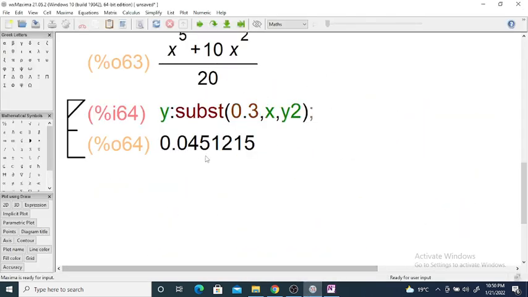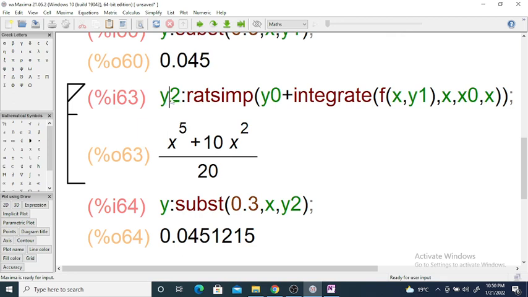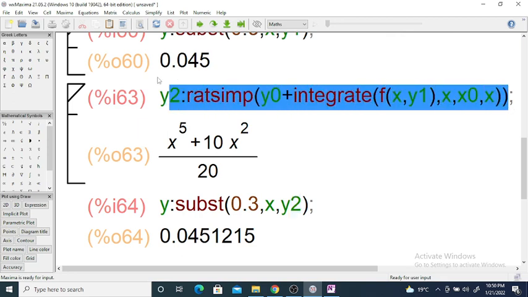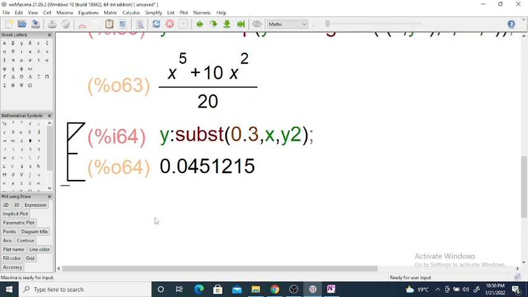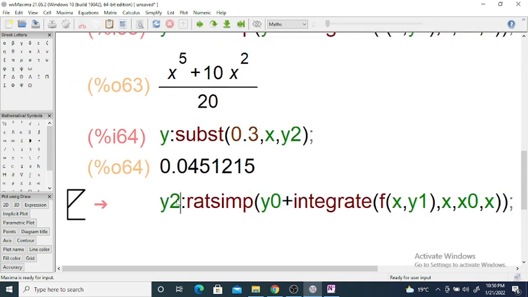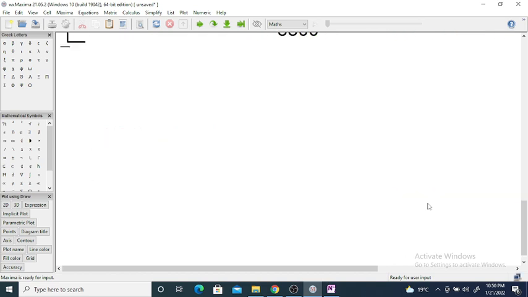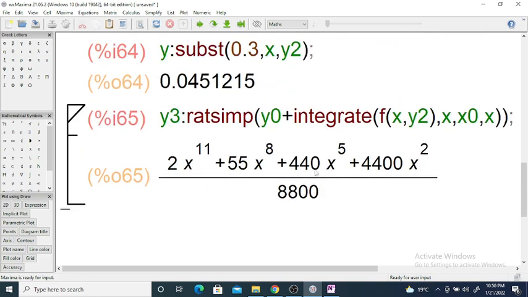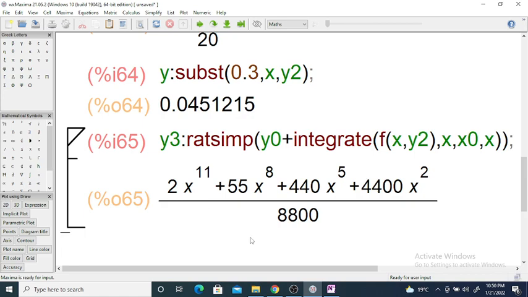Now for the third iteration, again we copy this, Control C, say here y3, and in place of y1 we replace y1 by y2, shift enter. So what is y3 here?